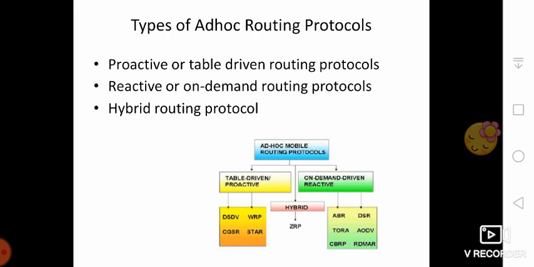Then the last one is hybrid routing protocol. So hybrid routing protocol combines the features of both proactive as well as reactive. So in this protocol, the network is divided into zones. Each node uses node ID and zone ID during the packet transmission.